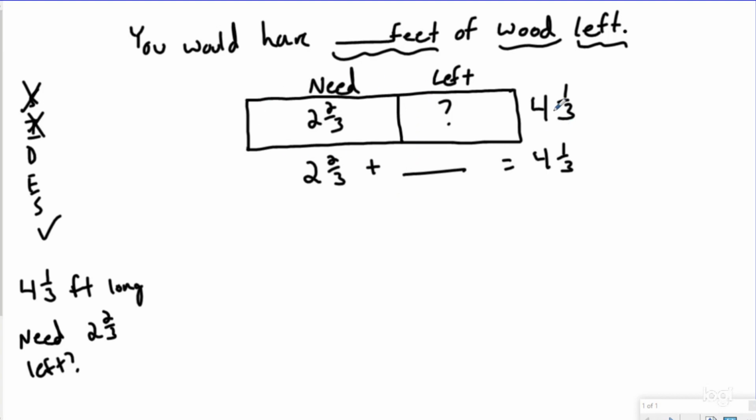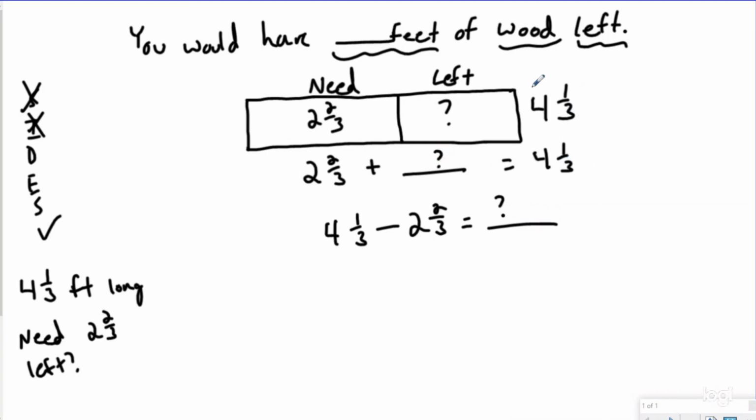It gives you a visual model that you can actually turn into an algebraic expression solving for your missing variable or empty space. So how do you solve for this missing part of an addition equation? You rewrite it using the inverse operation, using your fact family, as 4 1/3 minus 2 2/3 equals my answer, my question mark.